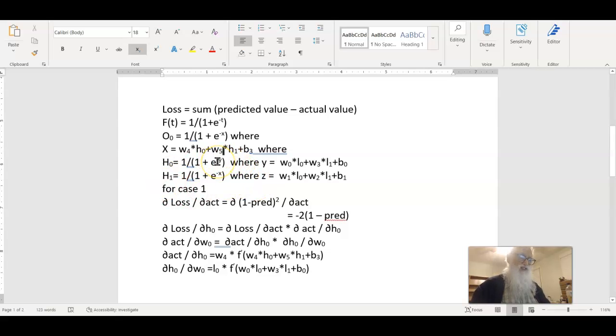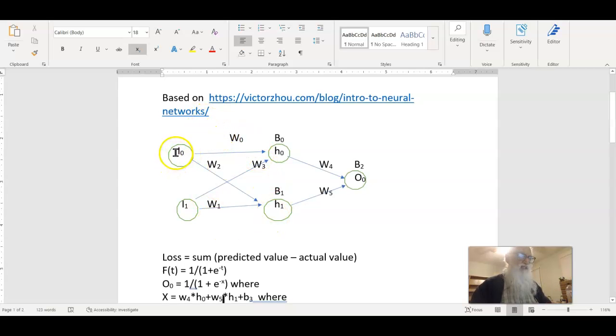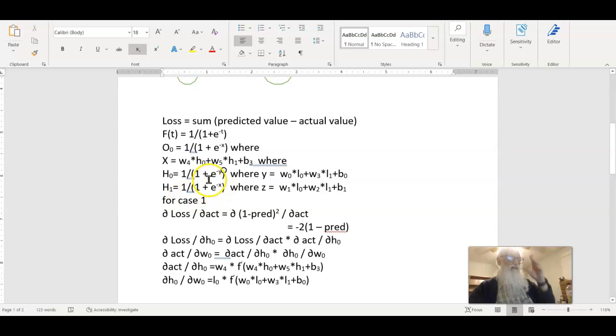That is the sigmoid function, which is the function we're using to smooth things out, where y equals W0 times L0, plus W3 times L1, added together, and add the bias, and then that's the y that we put into the sigmoid function. We do the same thing at H1, and we do it also at O.